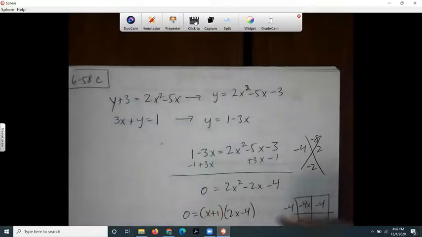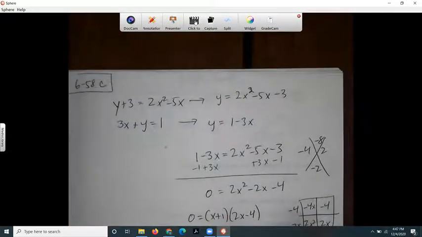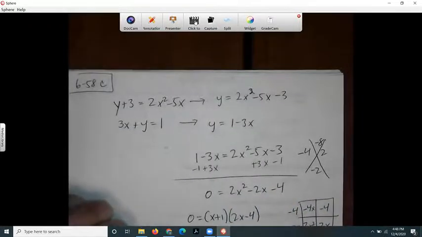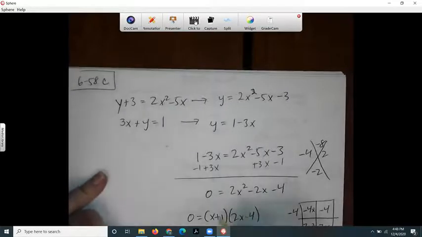Maybe I should just not do it in my head. The x equals 2. So for 6-58, x equals, I should have been a little more careful, x equals -1 and x equals 2. But, and then I think I'm done.